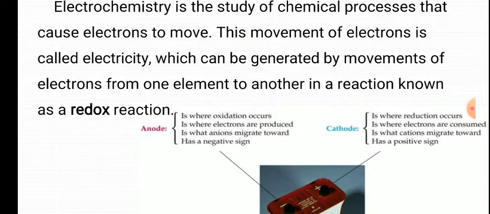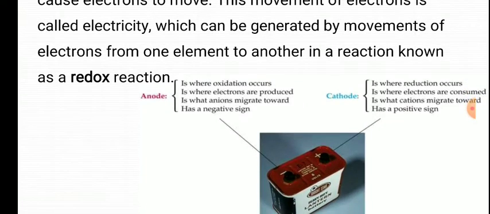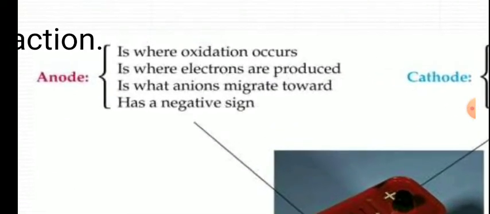In this type of cell, that is the galvanic cell, there are two electrodes, because if it is a question of a cell, then there is a question of electrode, solution and the chemical reaction. So in this galvanic cell, there will be two electrodes, one is the anode, another is the cathode. So student, please note it and remember it, that oxidation takes place at the anode, and here there is an excess of electron.